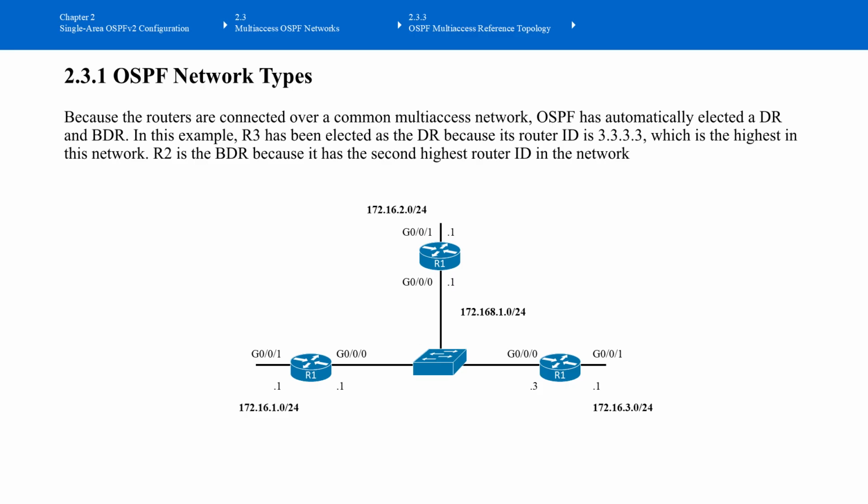R3 is 3.3.3.3, so this is the highest number, therefore it is the DR. R2's ID is 2.2.2.2, the second highest number, so this is the BDR. For R1, its ID is the lowest number, 1.1.1.1, and this is the DR other.